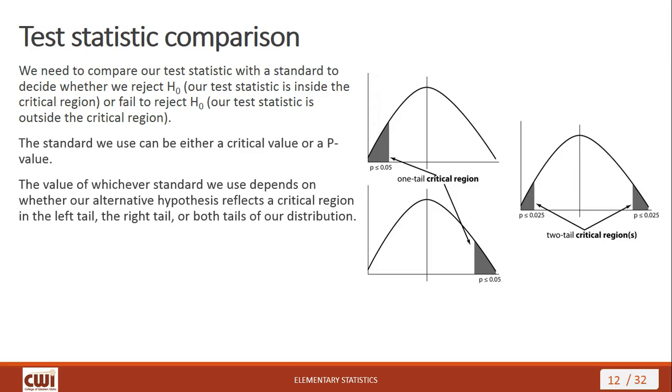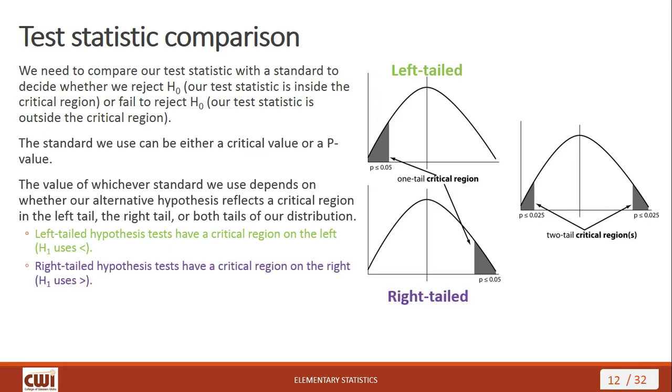Now, whichever standard we use, it's going to depend on whether our alternative hypothesis reflects a critical region in the left tail, the right tail, or both tails of our distribution. So, if we have a left-tailed hypothesis test, that means our critical region is on the left. And we can tell this because our alternative hypothesis will use a less than sign for the symbolic notation. A right-tailed hypothesis test has a critical region on the right.